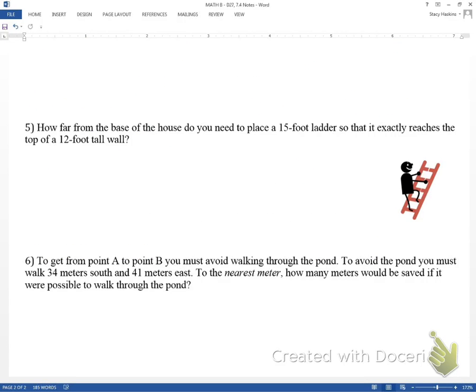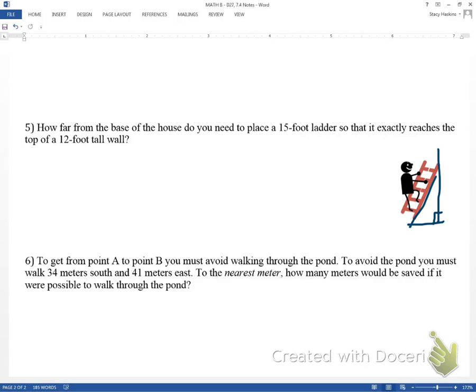Now let's take what we've been learning and actually apply it to some word problems or some real-life situations. Problem number 5 reads, how far from the base of a house do you need to place a 15-foot ladder so that it exactly reaches the top of a 12-foot wall? Now what they're assuming is that when you lay a ladder up against any building, you will form a right triangle, because the building is straight up and down.